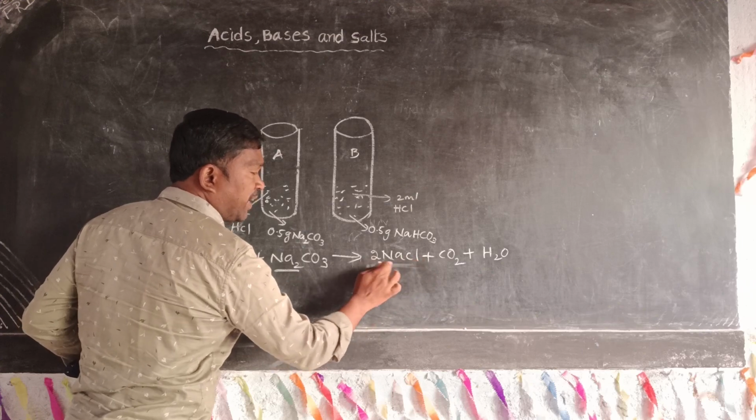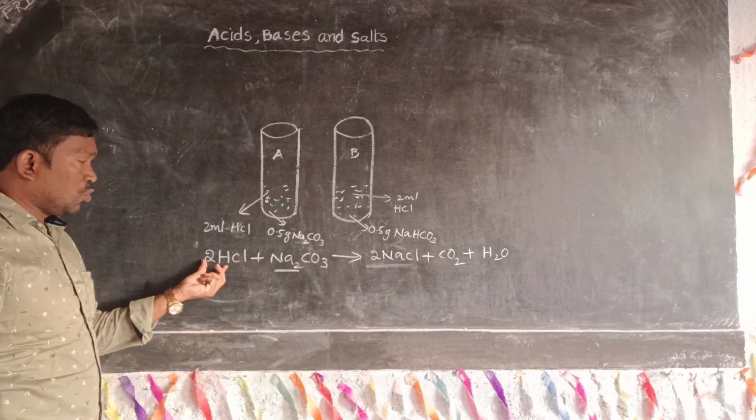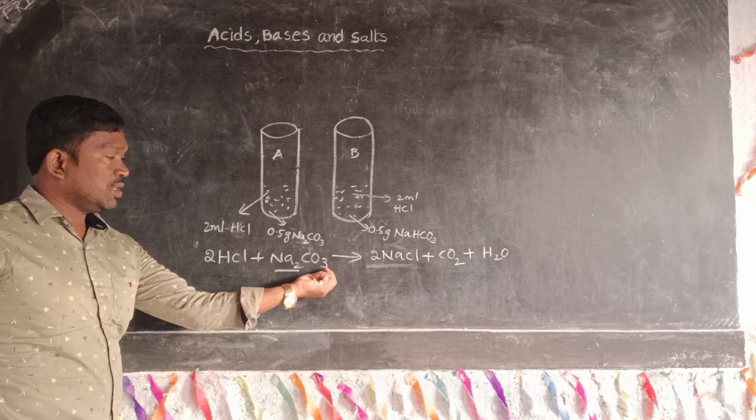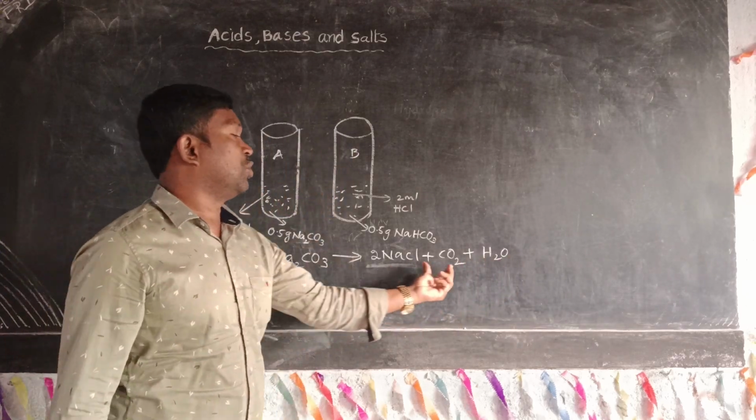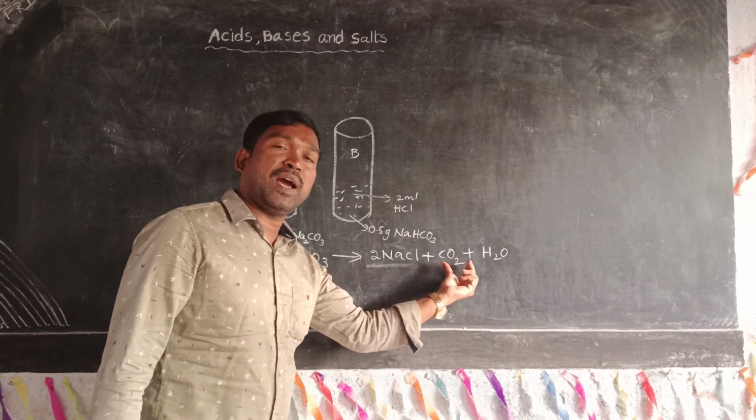From CO3, one oxygen goes with the 2 hydrogens to form H2O, and the remaining CO2 is released as carbon dioxide gas.